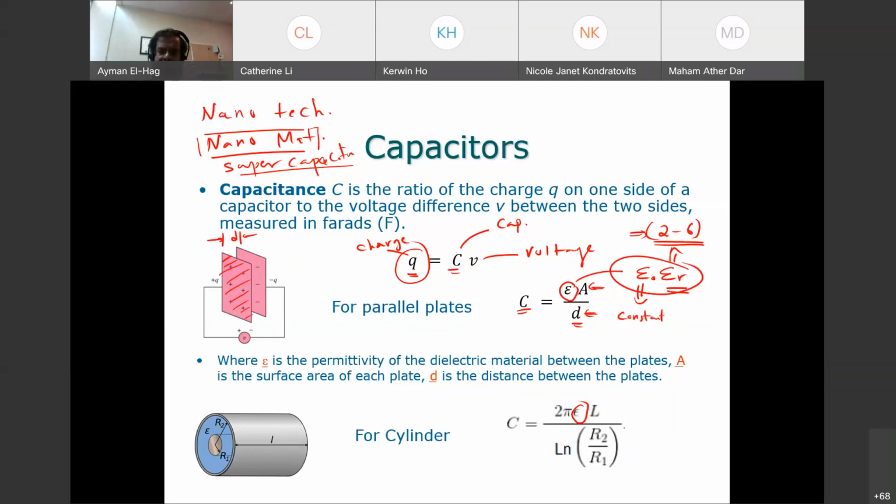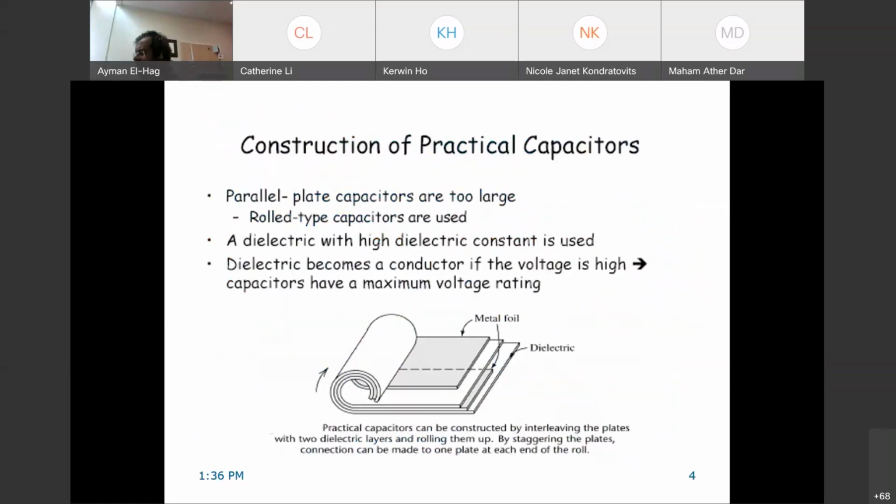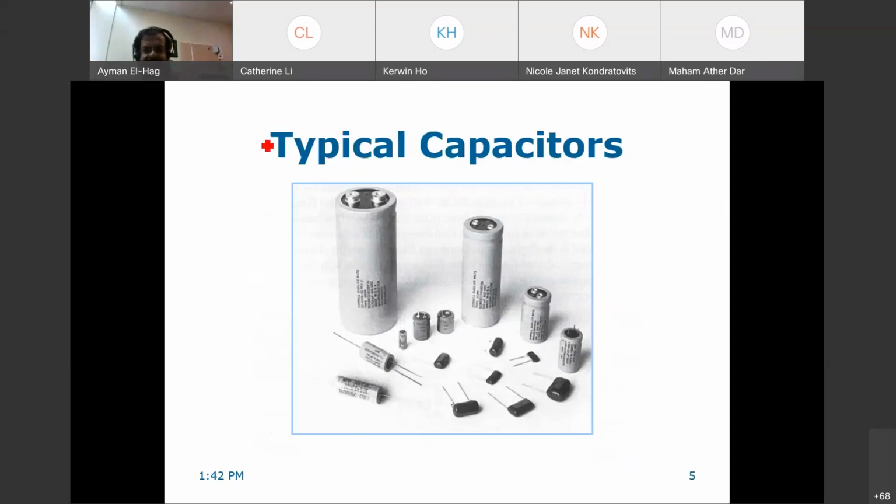So one way to come up with this is to have the capacitors as parallel plates, but instead of having them as parallel plates, we roll them, so they will be like a cylinder. So they will not be very big parallel plates, but we roll them as a cylinder. And this is how the cylindrical ones look. So they are reasonably sized.